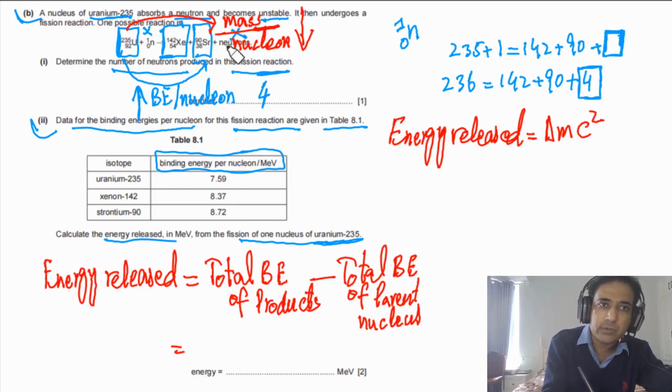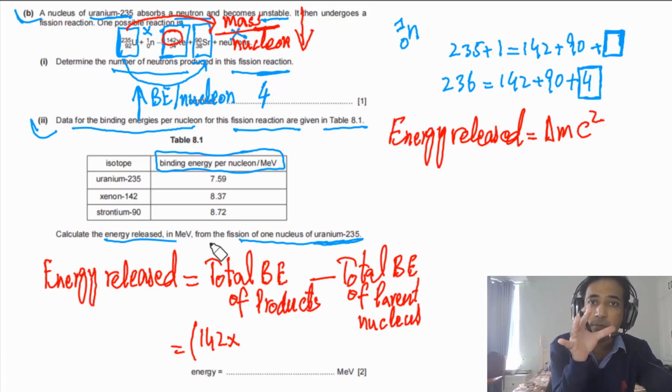So how can we calculate the total binding energy of the product? Here we have mass number 142, which is the number of nucleons, and binding energy per nucleon is given to us, that is 8.37.